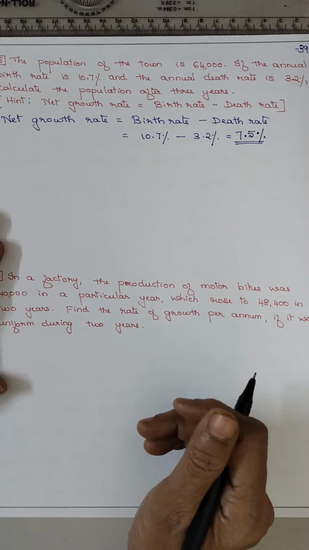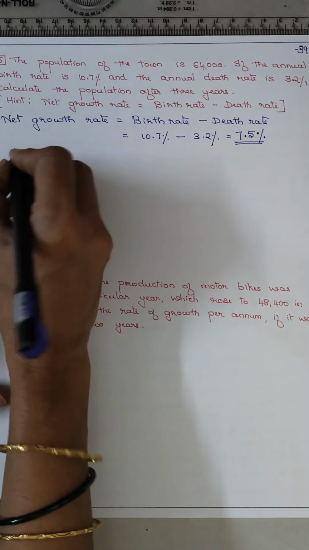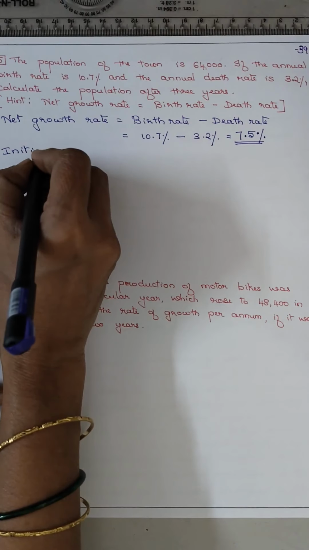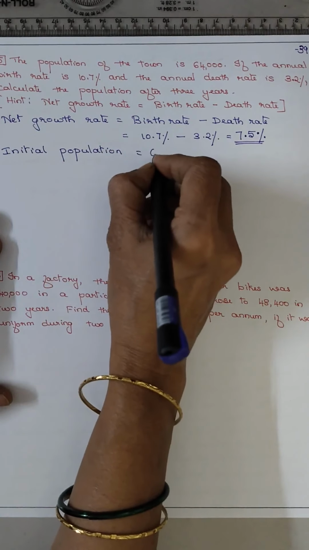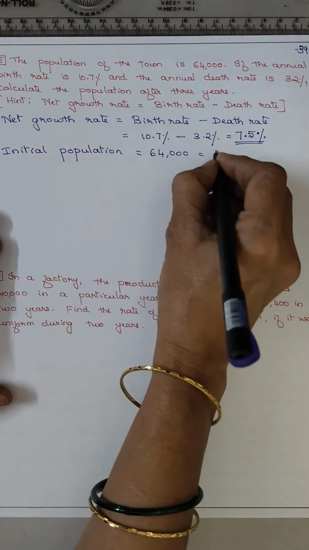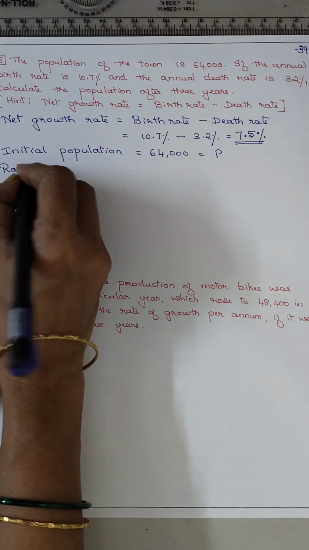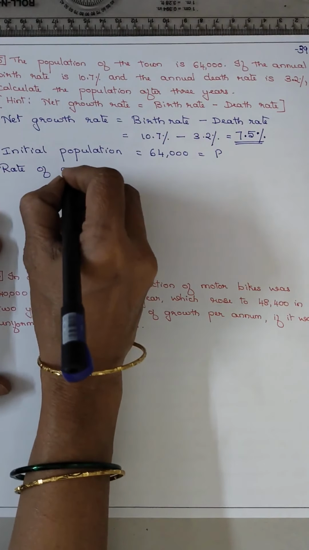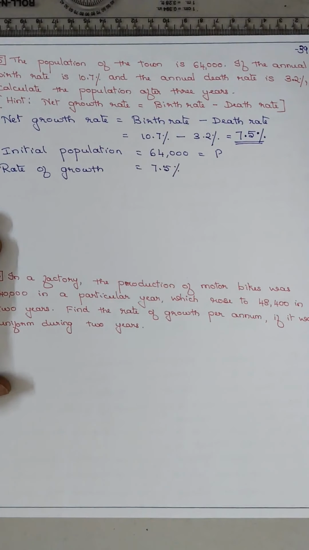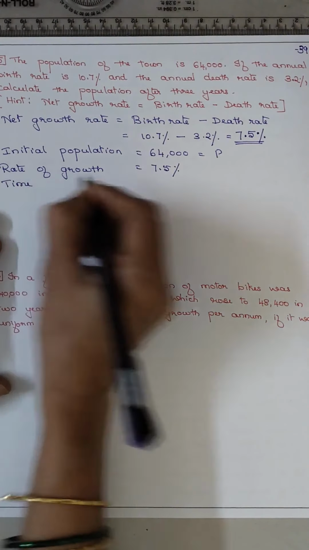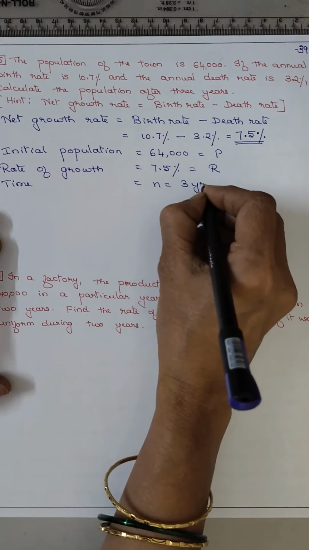Now the population, first initial population is equal to 64,000, that is P. Now rate of growth is equal to 7.5%, this is R. Now N is equal to 3 years.